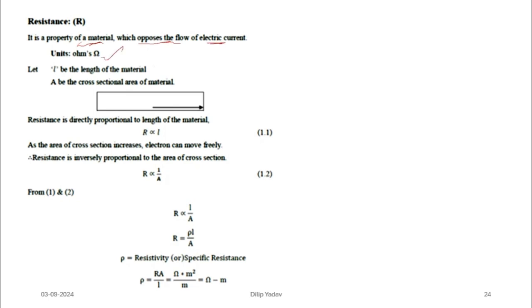Unit is ohm, L is the length, A is the area, and R is directly proportional to L and inversely proportional to the area, where rho is the resistivity of the material, A is the area, and L is the length. The reciprocal of resistance is 1 upon R, G, which is known as the conductance.